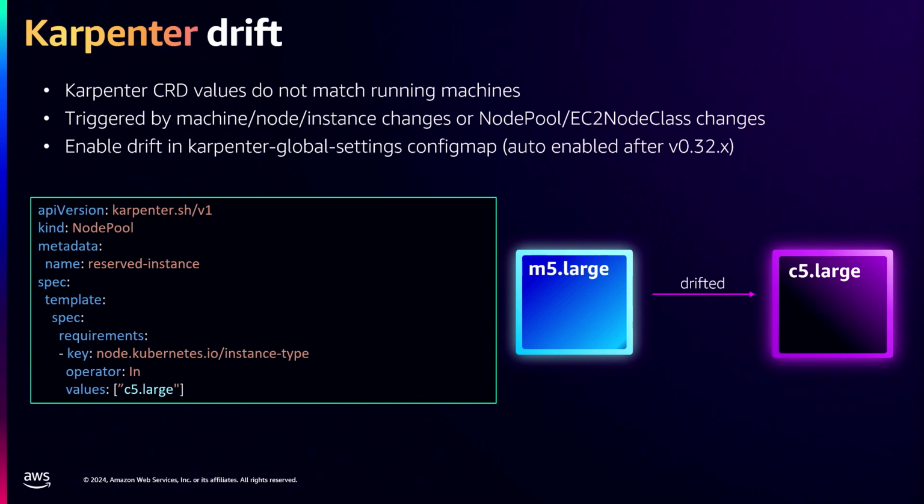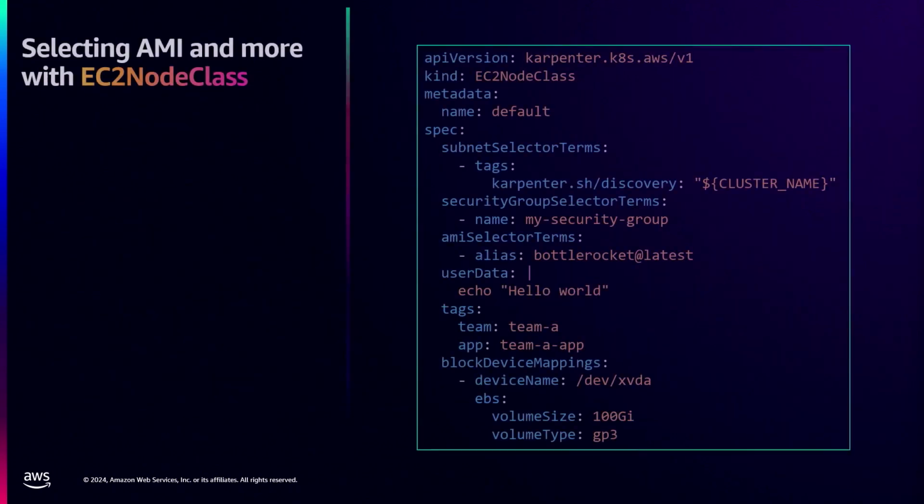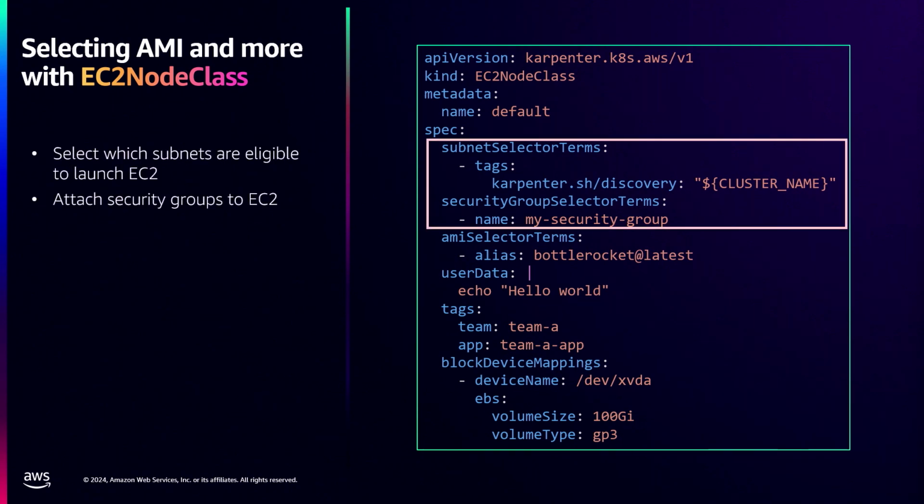Okay. So at this point, we learned about node pool. Node pool controls the instance family, availability zone, budgets, all that stuff. But how about AMI, subnet, security group? That's what EC2 node class does. So for example, you can select which subnets are eligible to launch your EC2.